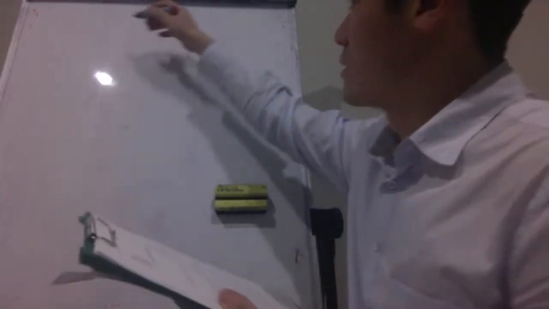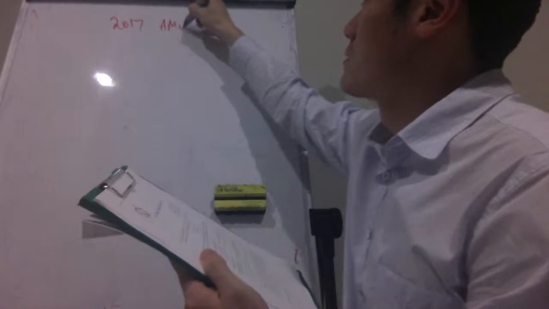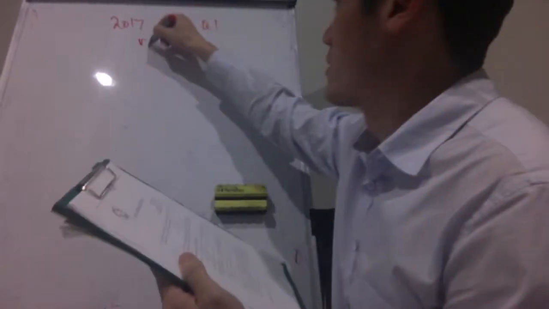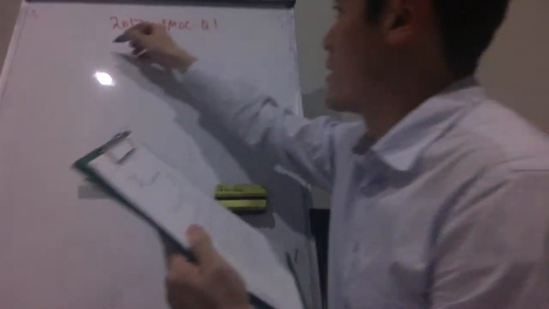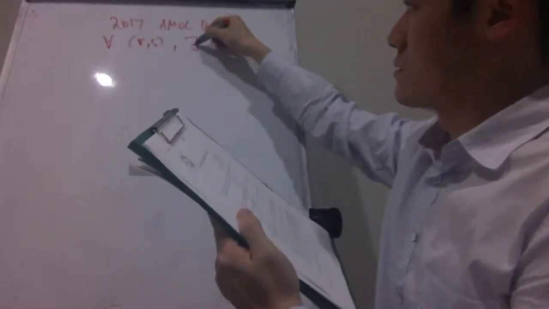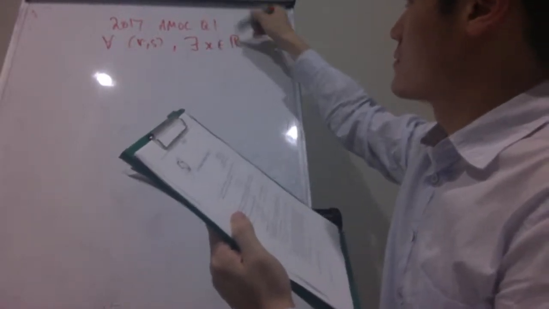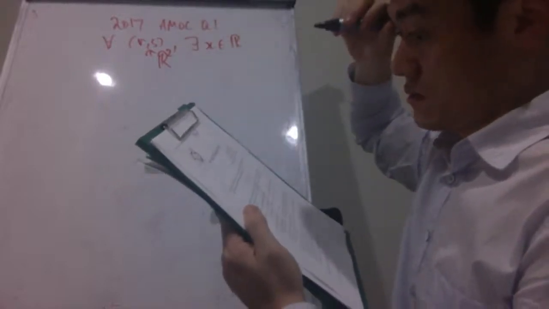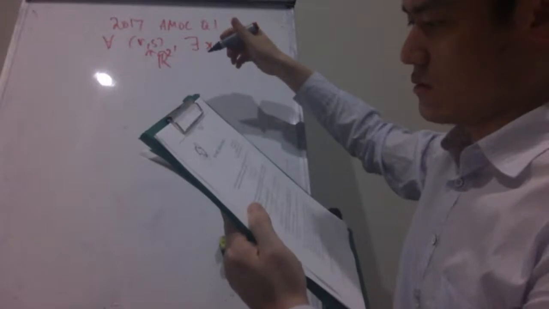So for each pair of real numbers, so this is 2017, question 1, yeah? You've got a pair of real numbers, R and S. For each pair, prove that there exists a real number X that satisfies at least one of the following equations.